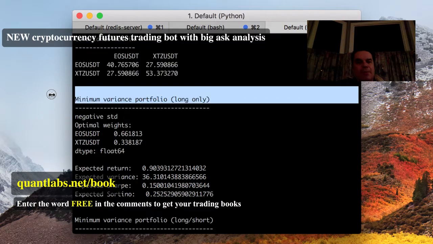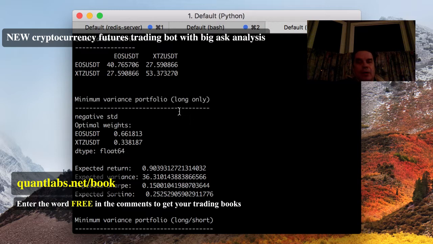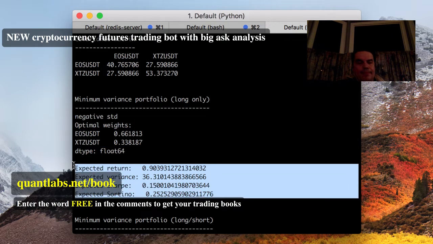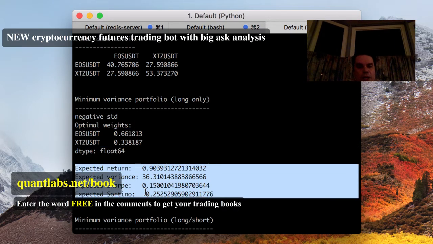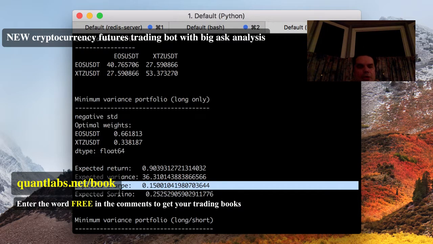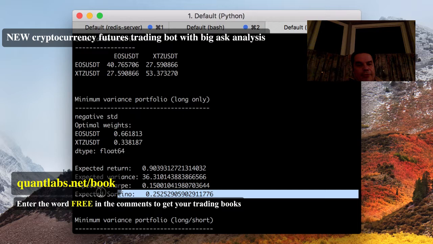So for instance, for a minimum variance portfolio with a long only on these two pairs with these weightings, we would expect to get these returns. For instance, a Sharpe ratio is 15%. That's not bad, but that's 0.15%, and then this one would be a 0.25% return.